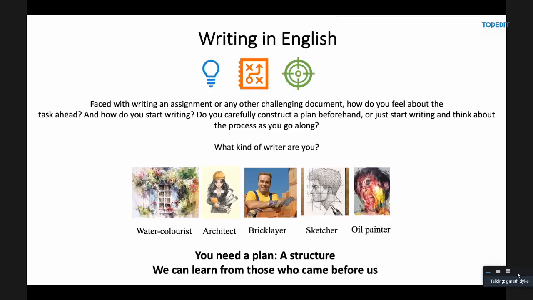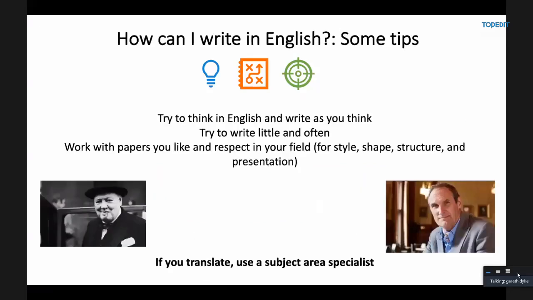The key message of this presentation so far, up to now, is before you start to write, develop a structure. And don't be afraid of putting down words on the page as you think in English. That's a key message to take away from the first part of this presentation.